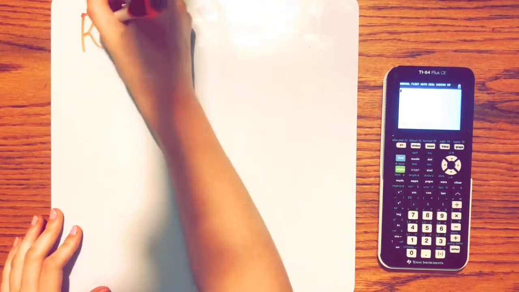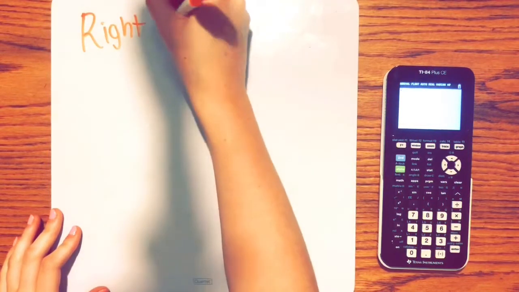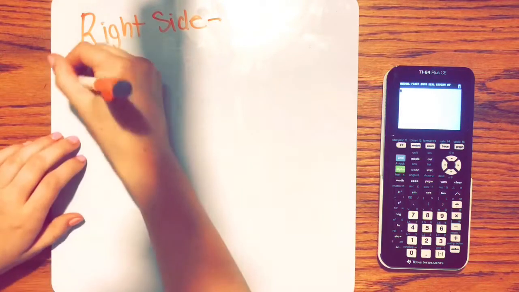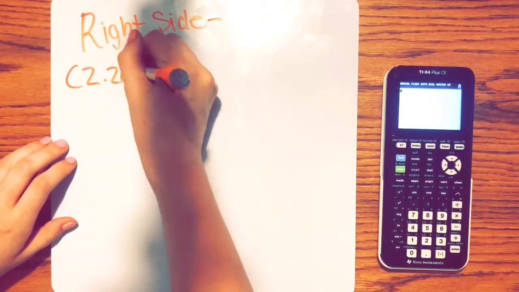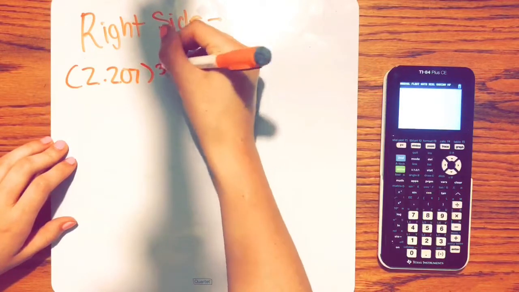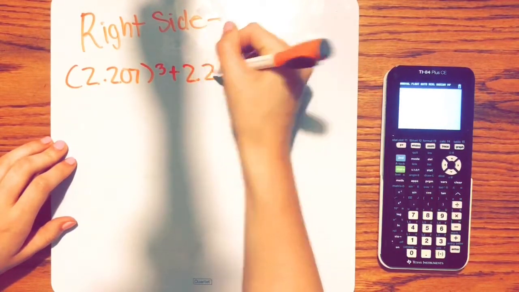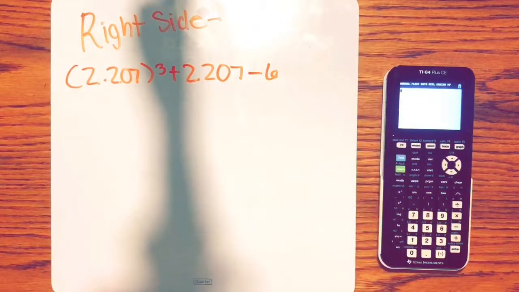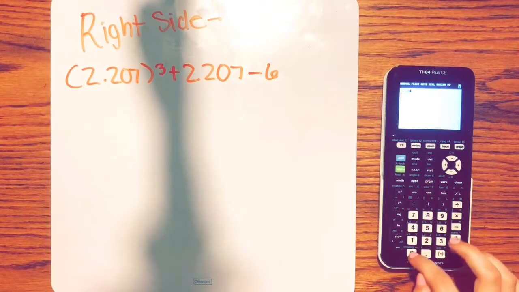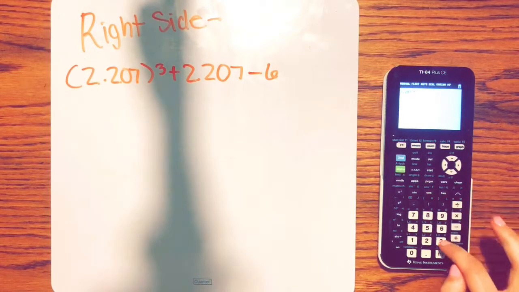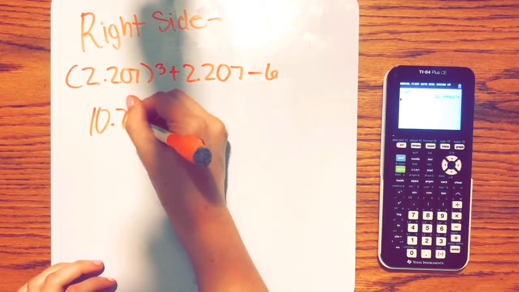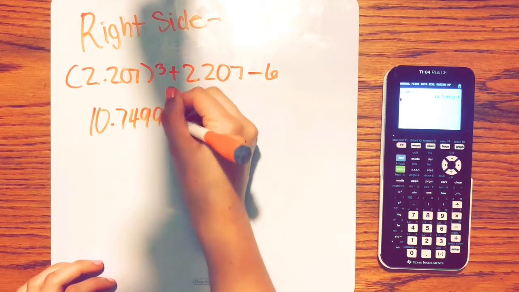Now we will begin on the right side. The right side's equation is 2.207 to the third power plus 2.207 minus 6. If you input the 2.207 to the third power into your calculator, you will get 10.74996374.